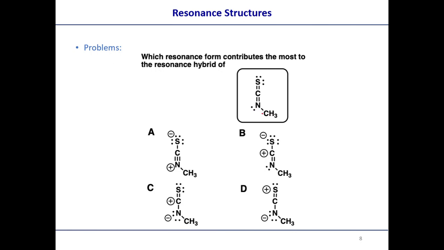When it shares its pair of electrons towards this direction, because it cannot donate here, as it requires a pi bond. Here no pi bond is present, all are hydrogens. Since a pi bond is not present, it is not possible to share these two electrons to form a new pi bond. That's why it will share its pair of electrons to form a new pi bond, and a positive charge will come on this nitrogen atom.